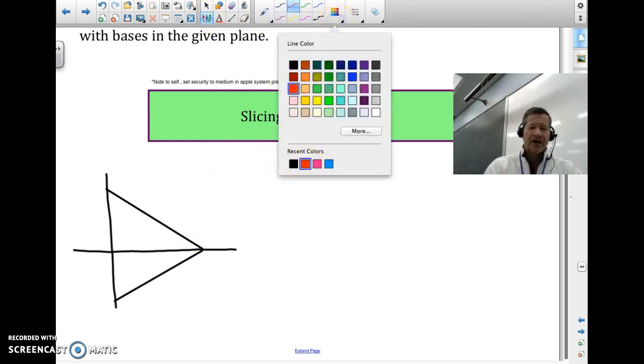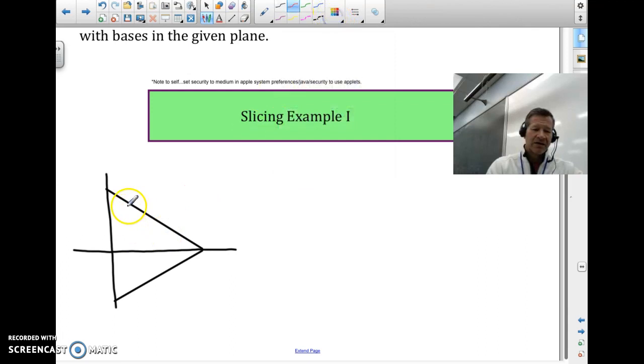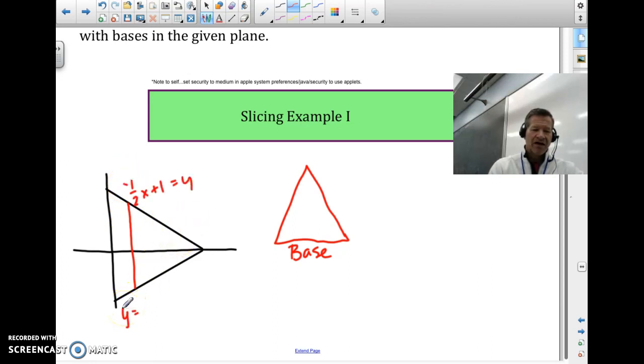Now if I have a cross section here, the length of this cross section is going to be the base of my equilateral triangle. So this little line you see right here is this base. Now how long is that base? Well, the base runs from the graph of y = negative half x plus 1 to y = 1 half x minus 1.